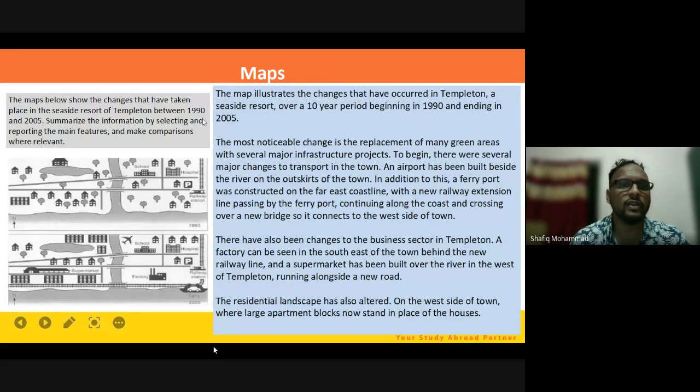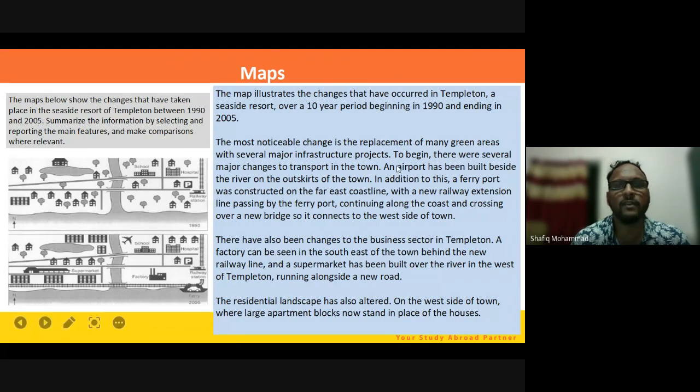So here is the explanation or the paraphrasing given for this question. Okay, the most noticeable change is the replacement of many green areas with several major infrastructure projects. To begin, there were several. So see, here till here only it's the overview. He has mixed the overview and the explanation paragraph.